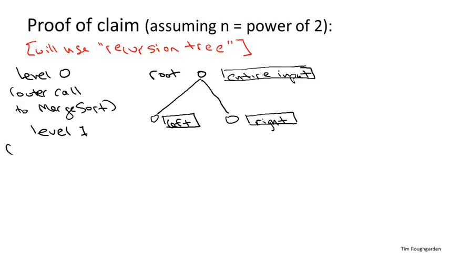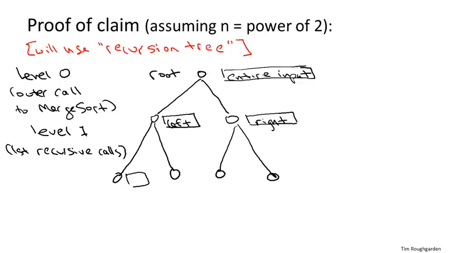Now, of course, each of these 2 level 1 recursive calls will themselves make 2 recursive calls, each operating on then a quarter of the original input array. So those are the level 2 recursive calls, of which there are 4, and this process will continue until eventually the recursion bottoms out in base cases when there's only an array of size 0 or 1.